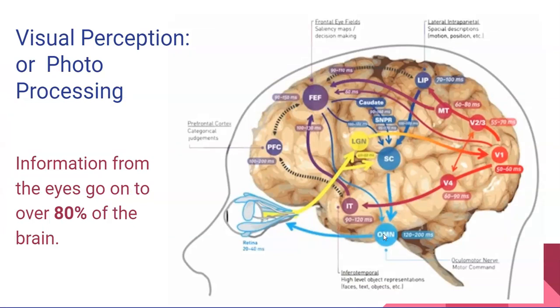This part of vision, perception, all happens in the brain. Once visual information gets to the back of the eye, it travels to the visual cortex in the back of the brain. Once there, this information is sent on to over 80% of the brain. This involves functions most of us never even consider are happening because it is so smooth and automatic. What do I see? Where is it? Do I need to take action?